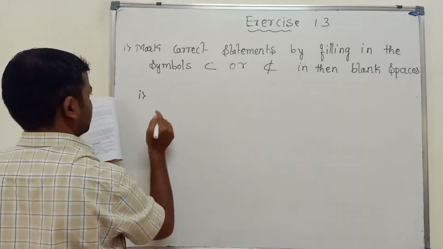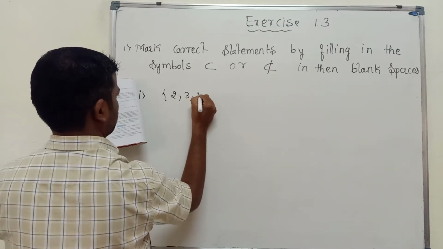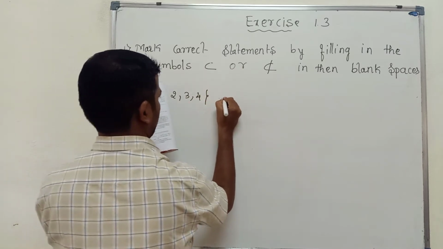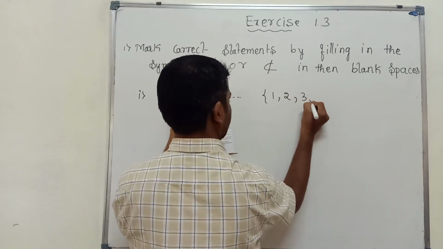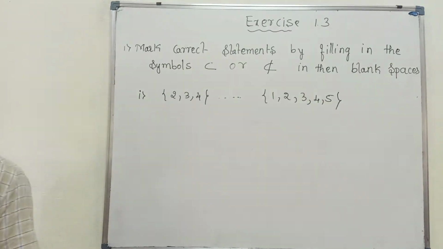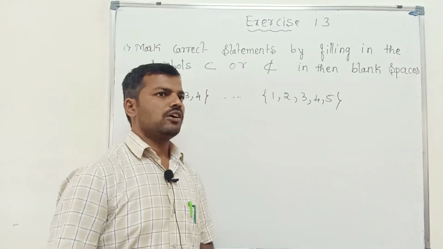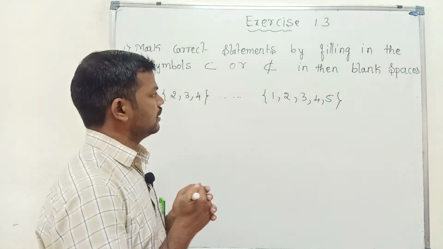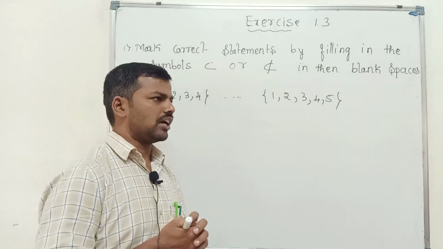So the first set I will take, that is {2, 3, 4}, and {1, 2, 3, 4, 5}. Whenever you are going to fill any symbol in between, you should have a clear idea about that.